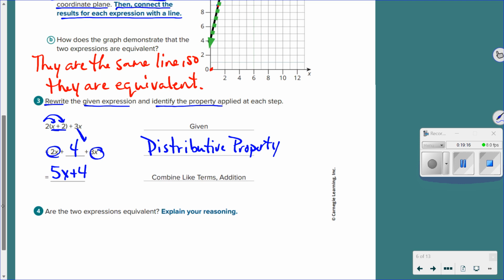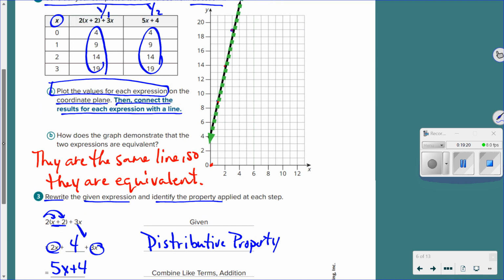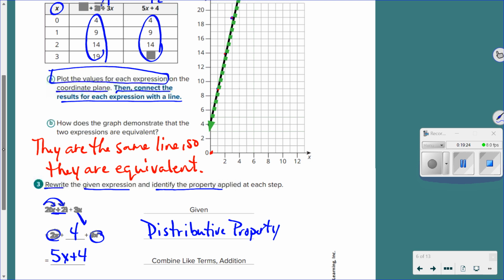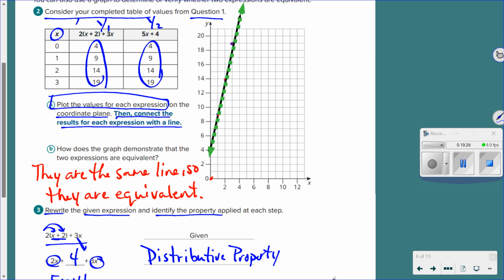So going back to our table, what do you realize? What can you see? We just said that this is actually what? 5x plus 4. What was our other one? 5x plus 4. So what do we actually see now?